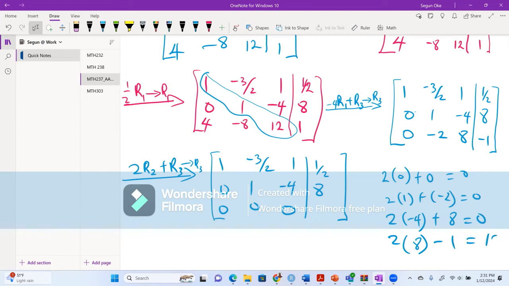We have 15. So we have 15 here. So it simply means we are at the point of no return. We just have to resolve this matter.